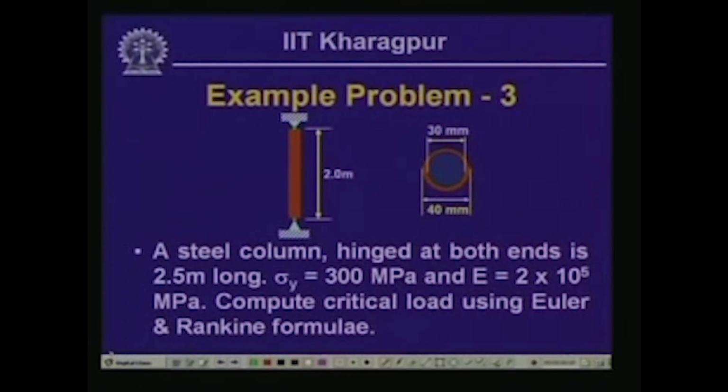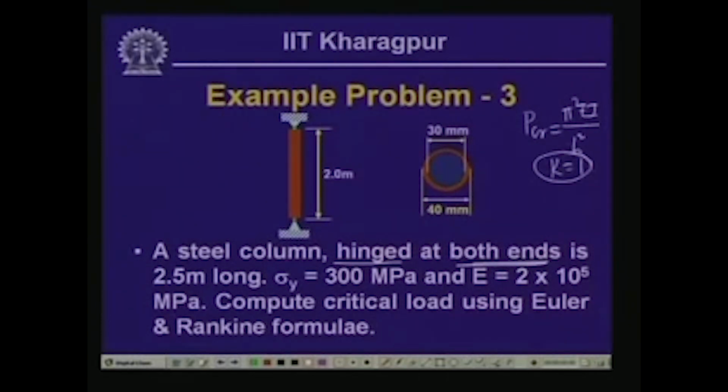Now, let us look into another example problem, wherein this particular member has a tubular cross section and is subjected to a compressive load. This member is hinged at both ends. That means this is a hinged column, for which we have seen that P critical is equal to pi square E I over L square, and thereby the effective length coefficient k is equal to 1.